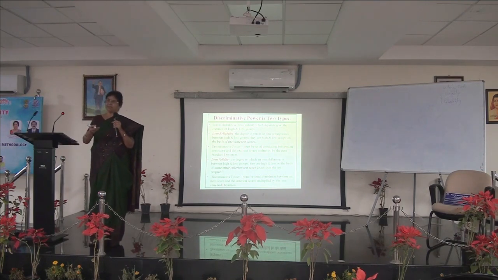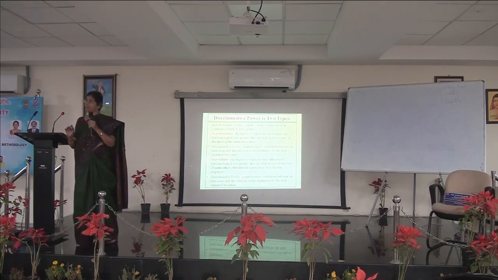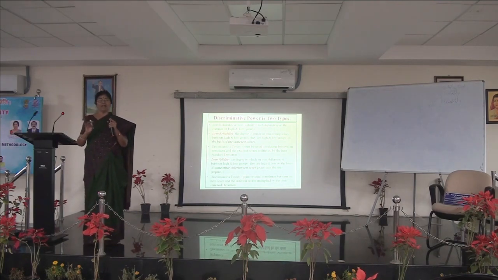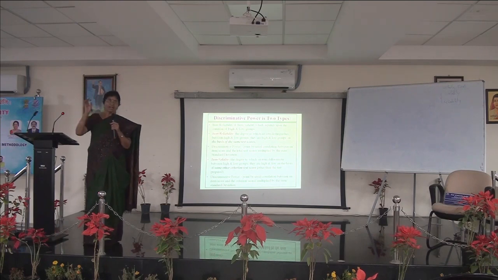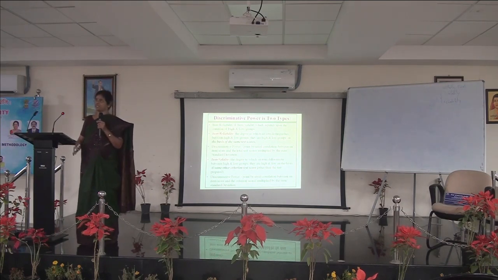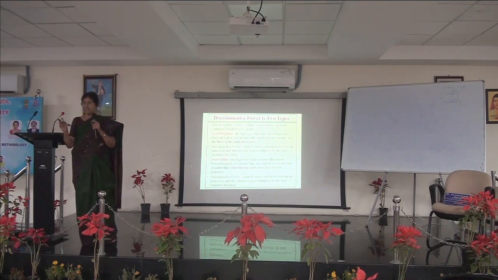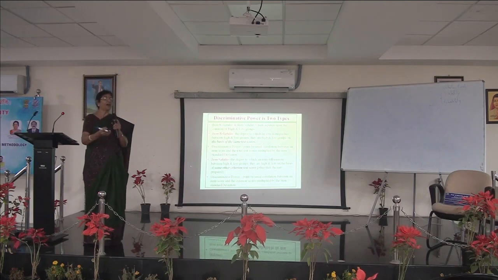For each item you see the response pattern, and you have to divide the group as high group or low group, not on the basis of mental health. You use an intelligence test, or the relevant test you have to select, or an adjustment scale.